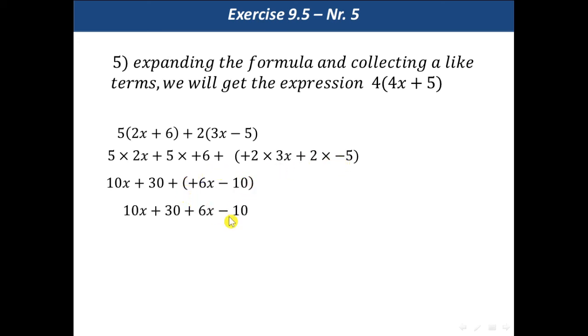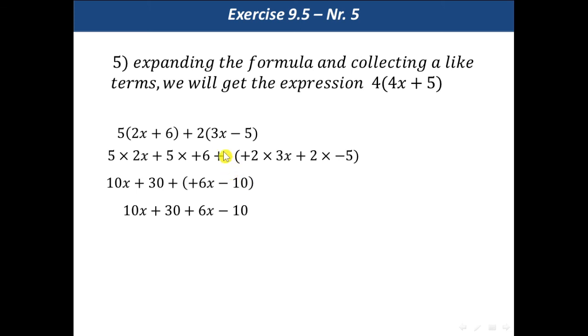Okay, now I have to multiply this plus outside, which I call the joint, with all here to be sure that they are the correct sign. So plus times plus is plus, so this is correct. Plus 6x will stay plus 6x, and plus times minus is minus, and this will stay minus 10. So it's going to be 10x plus 30 plus 6x minus 10.